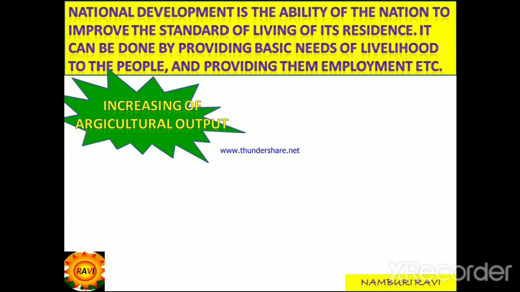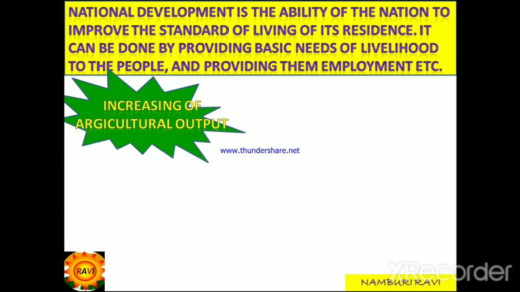We can take India as the best example. In India, still 60 to 70% of the population depends on the agricultural sector. If we get more crop production from the agricultural sector or the primary sector, then we can say that there is a development in the primary sector.